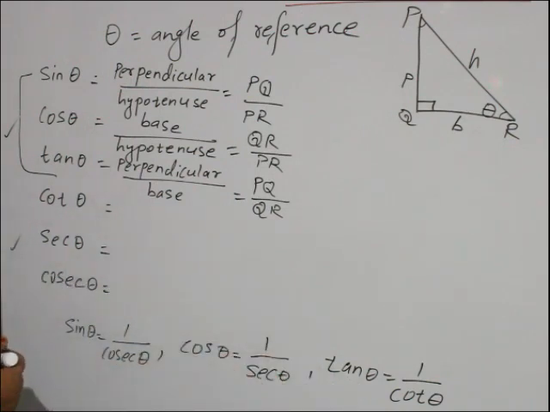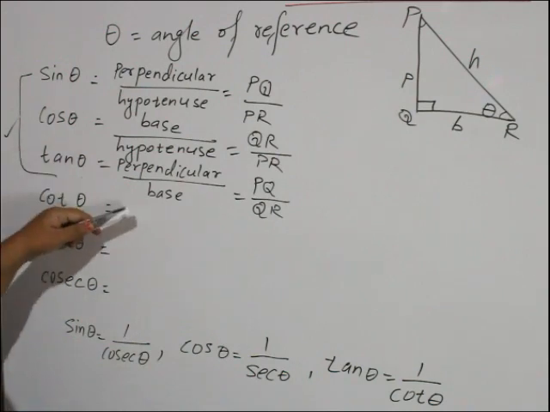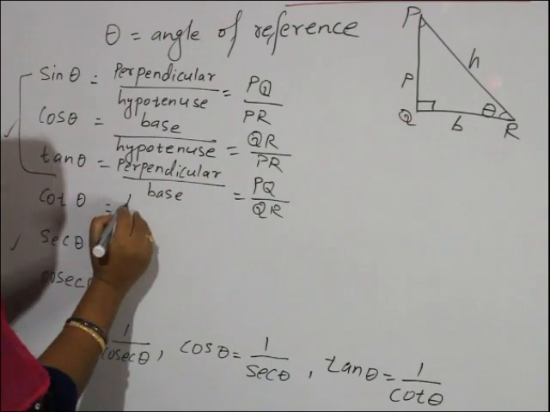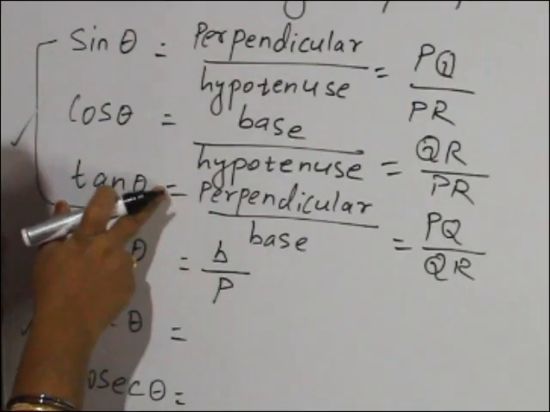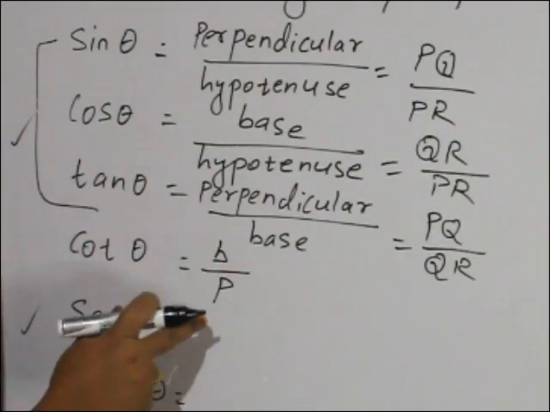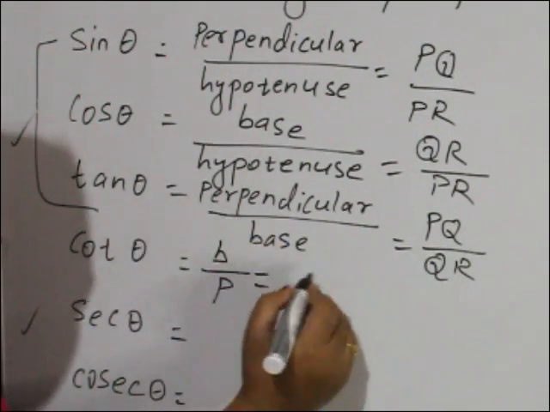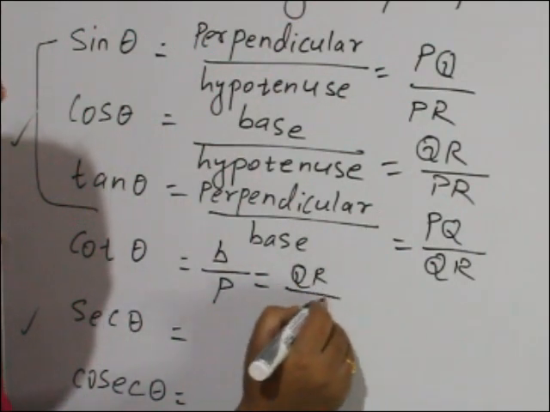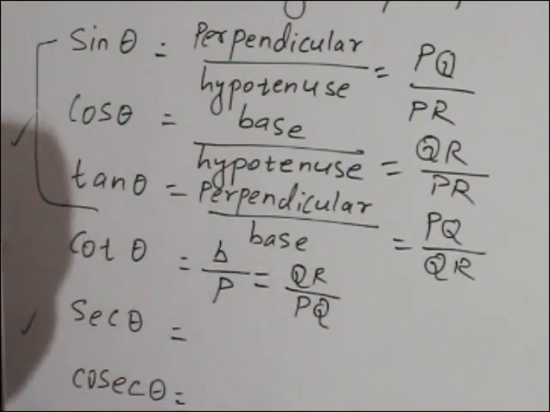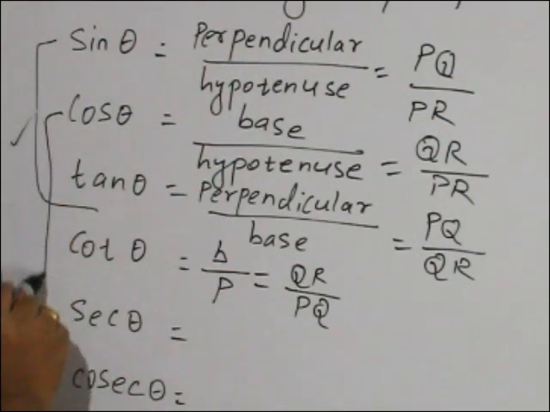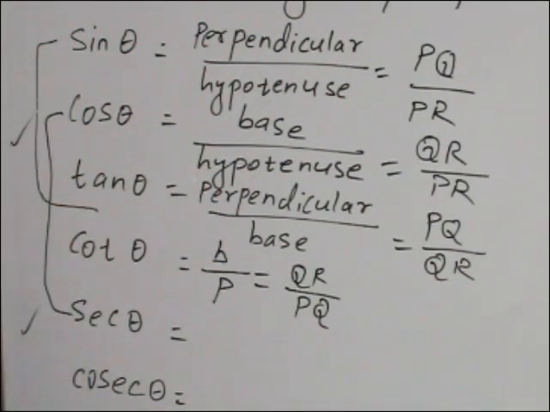So tan theta is P by B, then cot theta will be B by P. Tan theta is perpendicular by base, cot theta is base by perpendicular. It is reverse, so base is QR, perpendicular is PQ. Like that, sec theta and cos theta are reciprocal of each other.